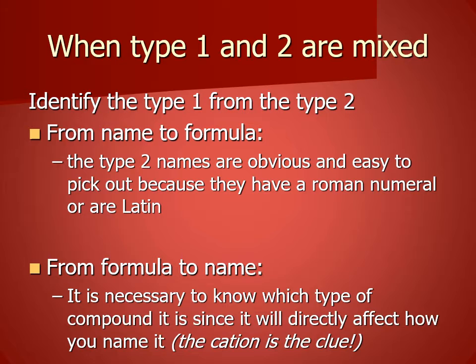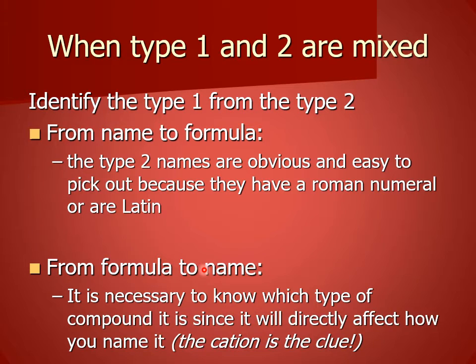So if you have a name and you want to put the formula down for it, the difference between type 1 and 2 is pretty obvious. Now, going from the formula to the name, in the reverse, it is not as easy. It's not real difficult, but it's just not as obvious.